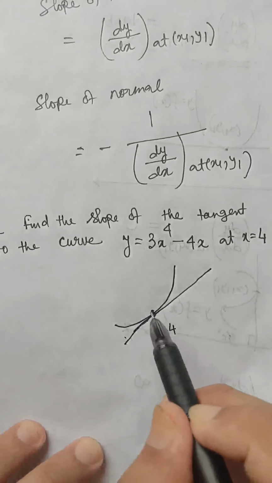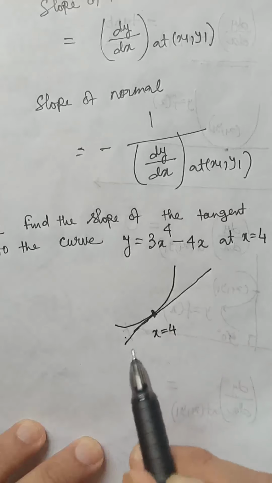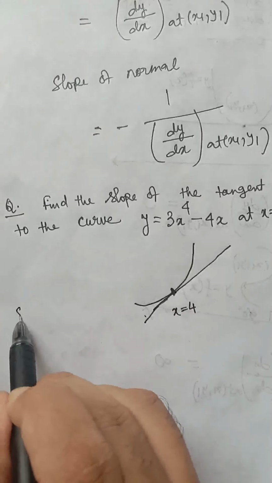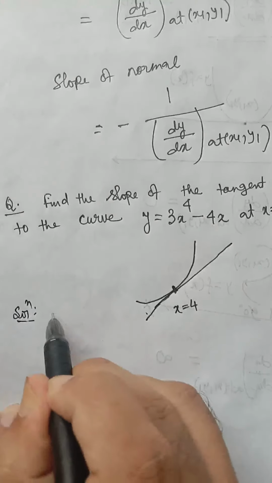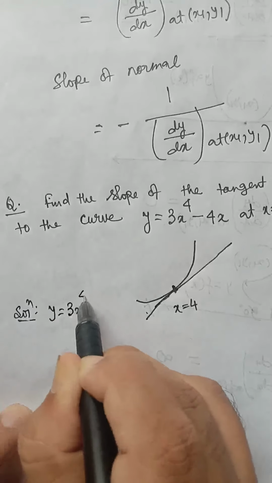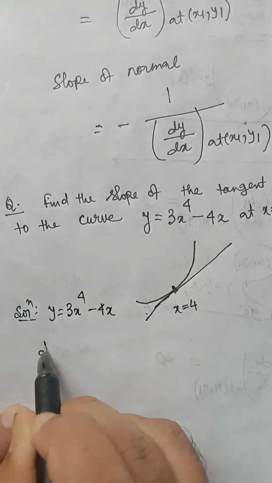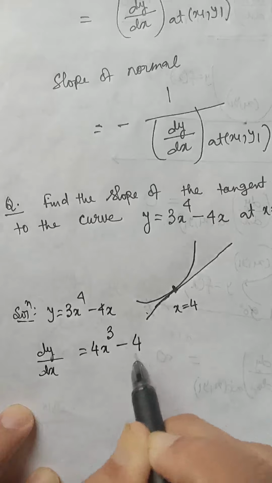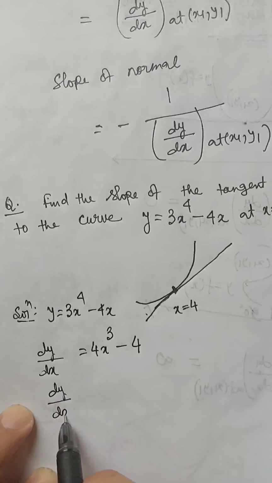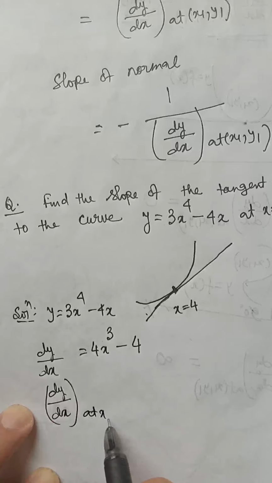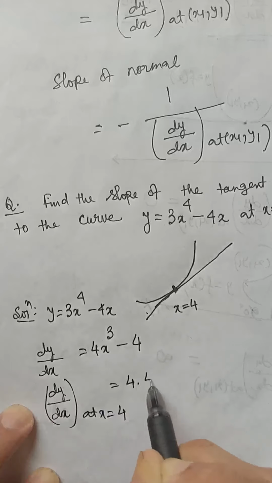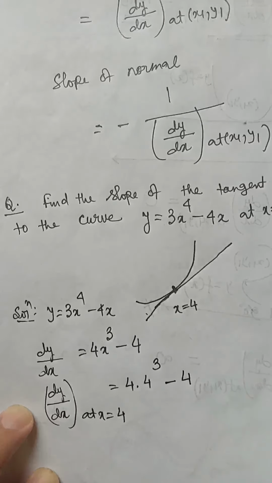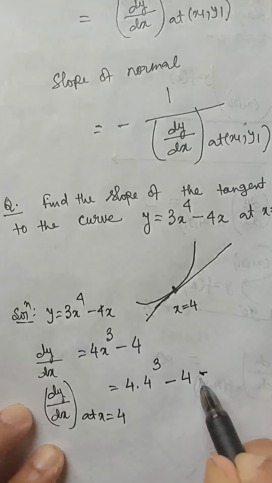We know at x = 4 the tangent is drawn, so the slope will be dy/dx at this point. So first of all we have to find dy/dx. y = 3x^4 - 4x, so dy/dx = 4x^3 - 4. dy/dx at x = 4 will be 4 into 4^3 minus 4, which equals 252.